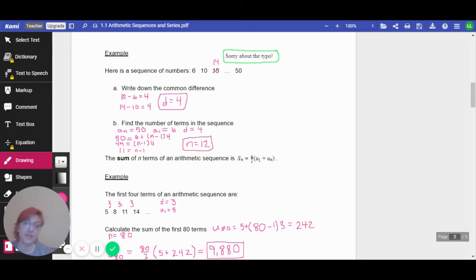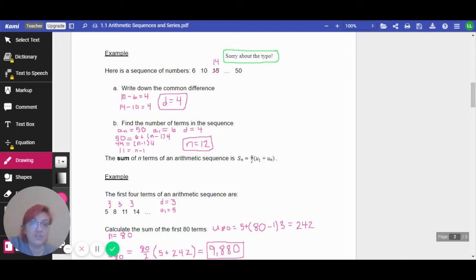So how many terms then are in this sequence? Well, I know that my general term, a of n, I need it to equal 50. I also know that my first term is 6 and my common difference is 4. So if I plug that in, 50 equals 6 plus (n minus 1) times 4.